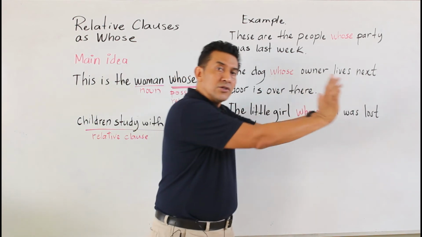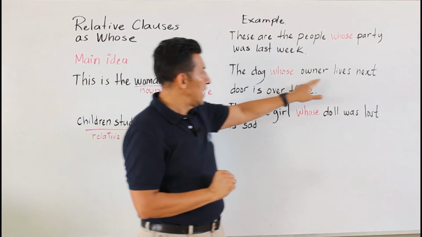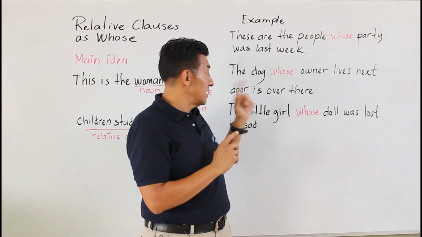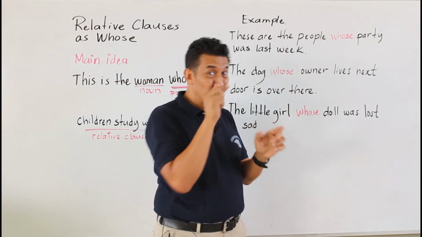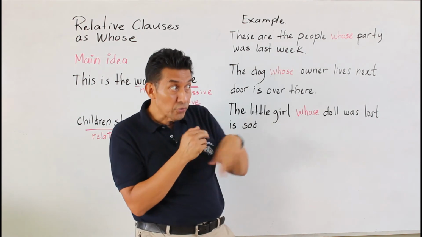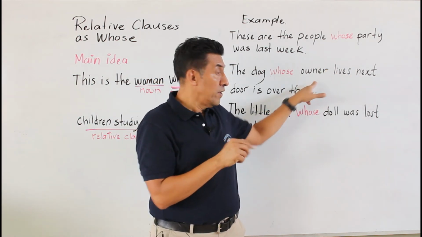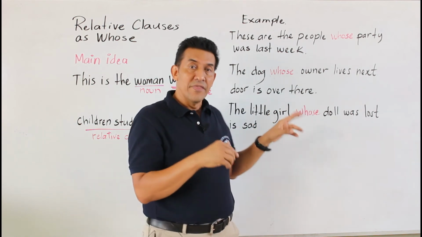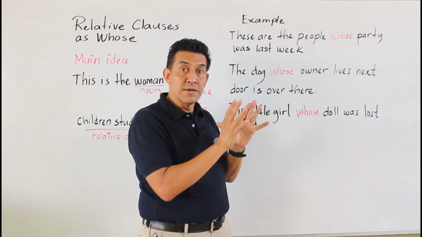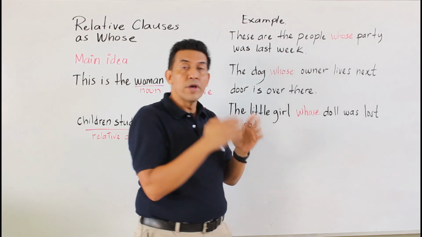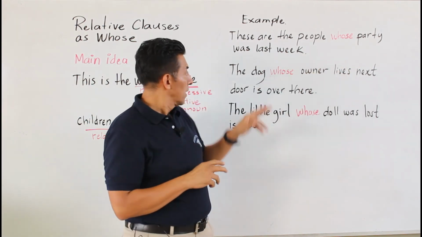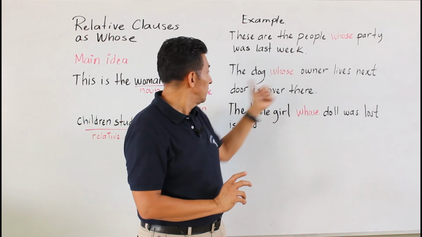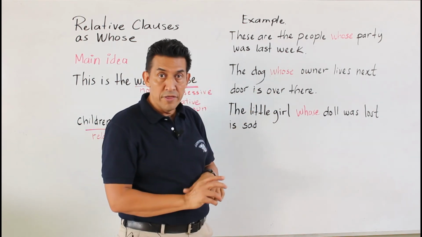And we have some information like lives next door, and it says is over there. Like when you see the dog and you see the owner of the dog, you relate that this guy lives or is in some place. Okay, the dog whose owner lives next door is over there.